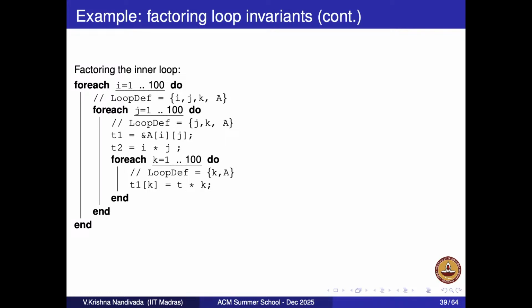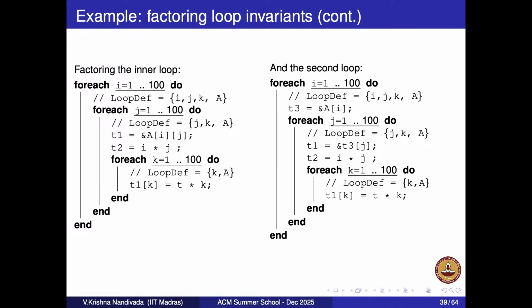Do you see any further invariants? A of I can go upstairs, correct? So far what we have done, we have only done loop invariant code motion, correct?